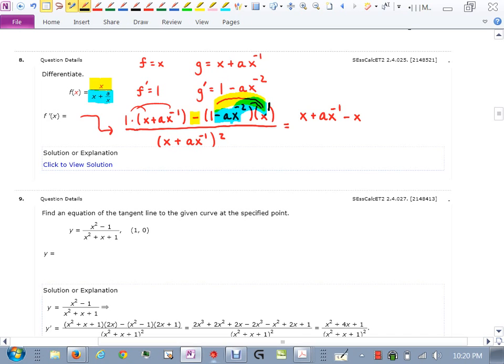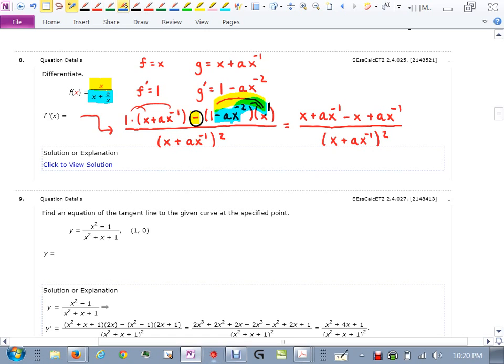This x has a 1 on it. Negative 2 plus 1 is negative 1. So I would have negative a, x to the negative 1, but then the minus out front makes it a plus a. So I have plus a x to the negative 1 all over the bottom, x plus ax to the negative 1, all of that squared.